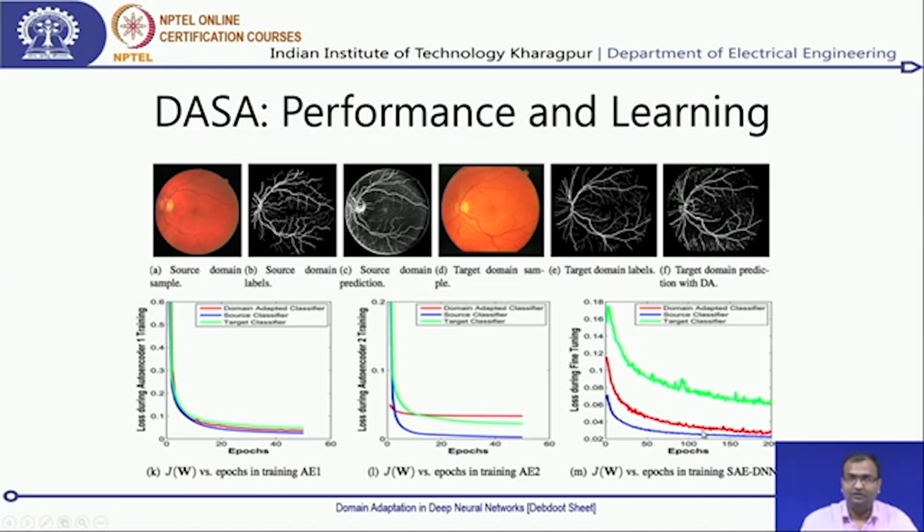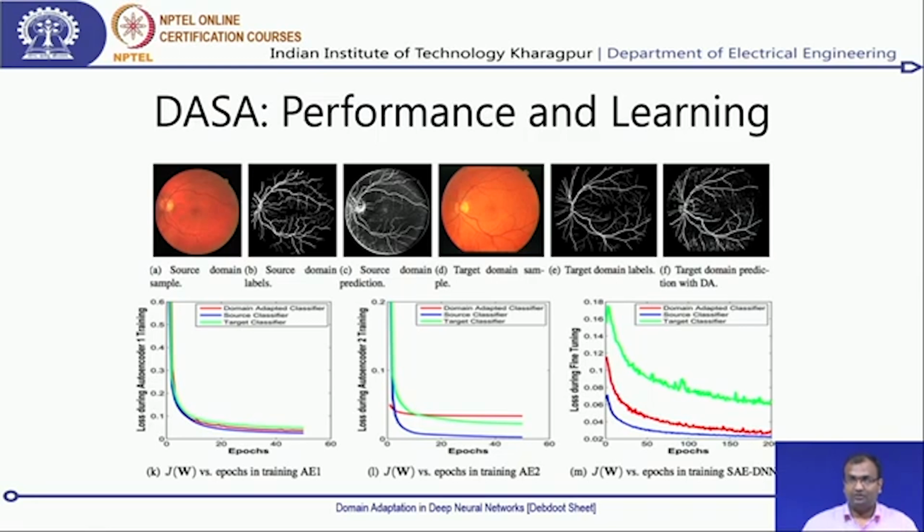So obviously you have more data, more labeled samples, so it is learning very well. But what you would be interested in is that instead of training with limited samples, if I take a model which was trained on DRIVE and then modify it for STARE, my starting error is itself much lower than the starting error for starting directly over there. And then the final error is located very close to my DRIVE data set.